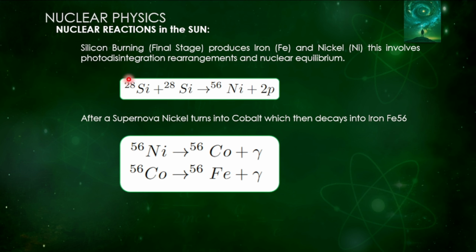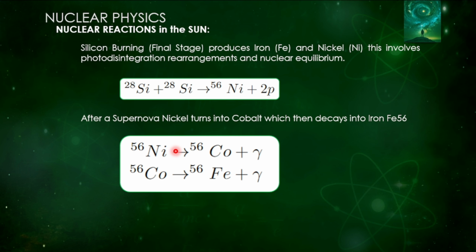Finally, the silicon burning produces nickel, which is a heavy metal, plus 2 protons, and the nickel also transforms, because it has a very short life, it decays actually into cobalt, then the cobalt into iron, Fe56, while also producing a gamma radiation.